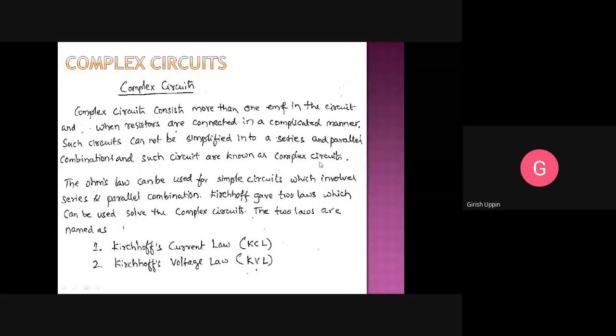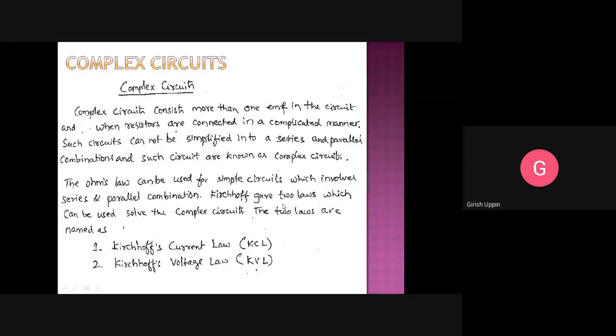So we will see the example, then you will understand what we are saying by not being able to figure out whether they are connected in series and parallel, and there will be multiple EMF sources. So battery sources will be multiple, and in reality, you will rarely find simple circuits. In reality, what we have is very complex circuits. Ohm's law can be used only for simple circuits which involve series and parallel combination.